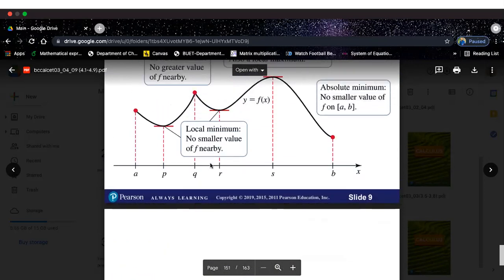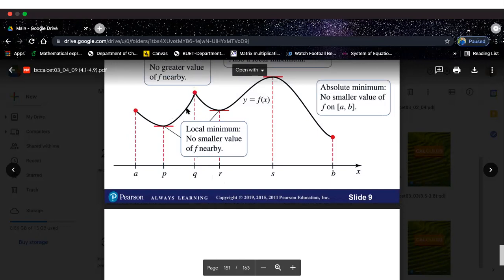Like this one, as I said, this Q is in this interval PR. Let's take this interval PR. So this Q lies in that, and if you take the functional value at Q, it's actually greater than the other functional values in this interval. Do you agree? And you can eyeball it, right?